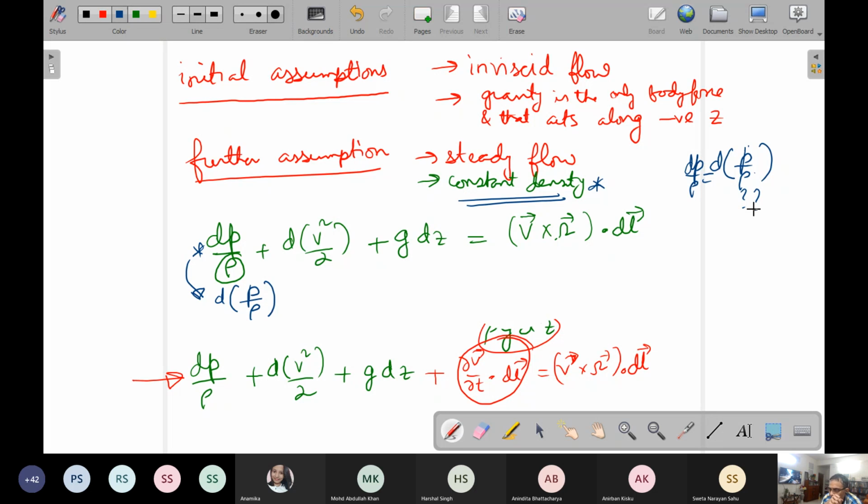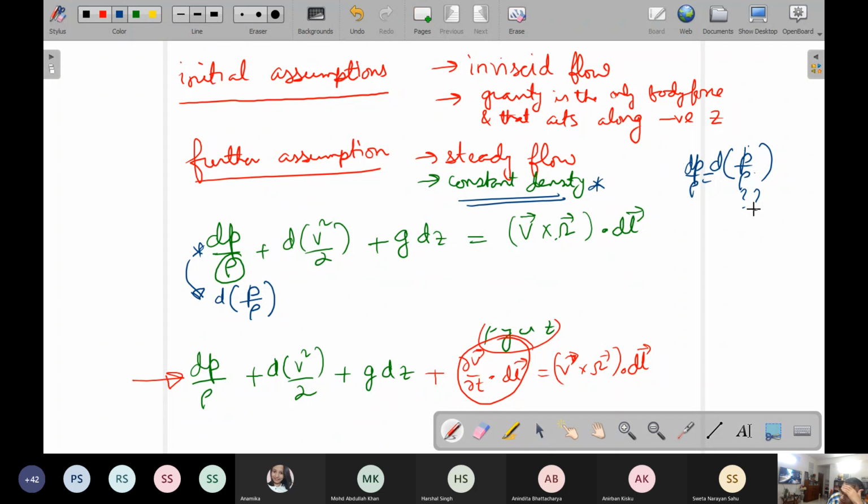Just think of these two different cases and you will get some idea of this one. The whole objective is to impress upon you that while constant density is something that we talk about, we often forget that there could be less restrictive conditions than constant density that will still make this dp by rho as d of p by rho.